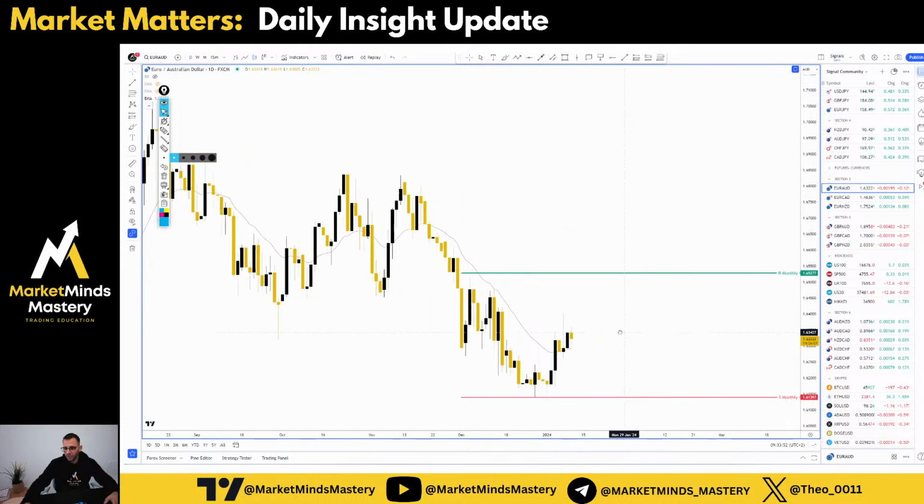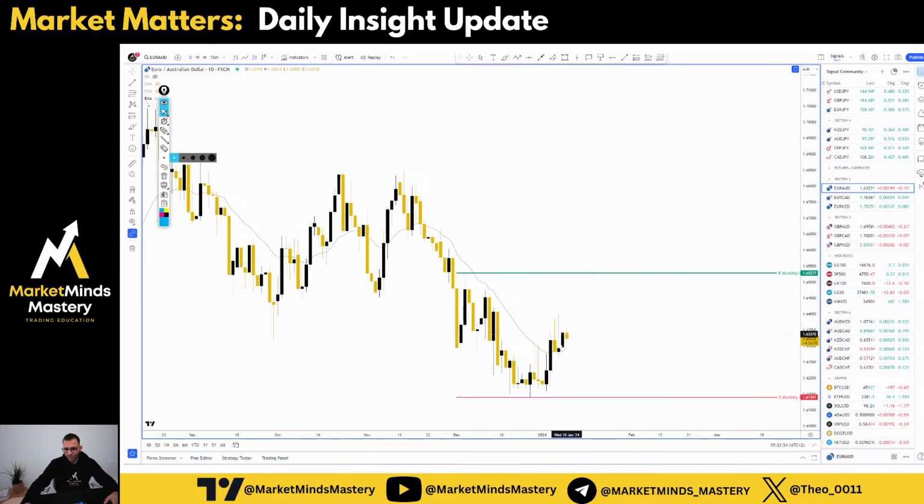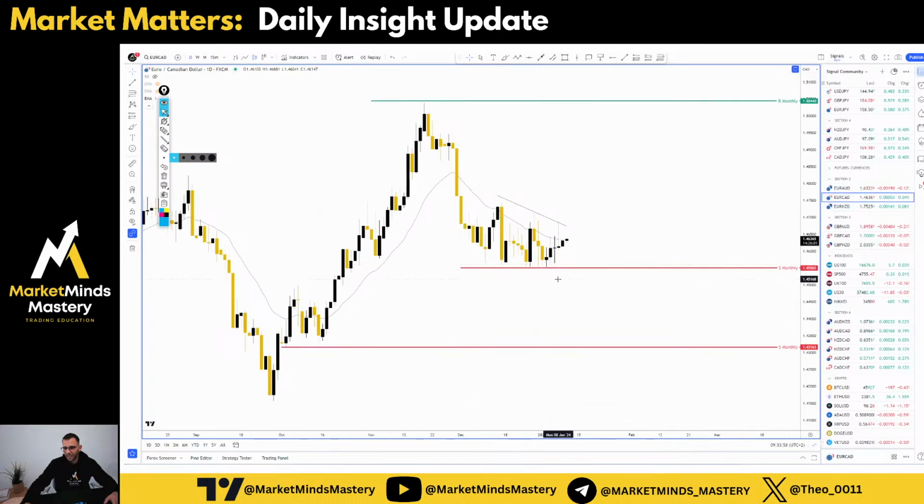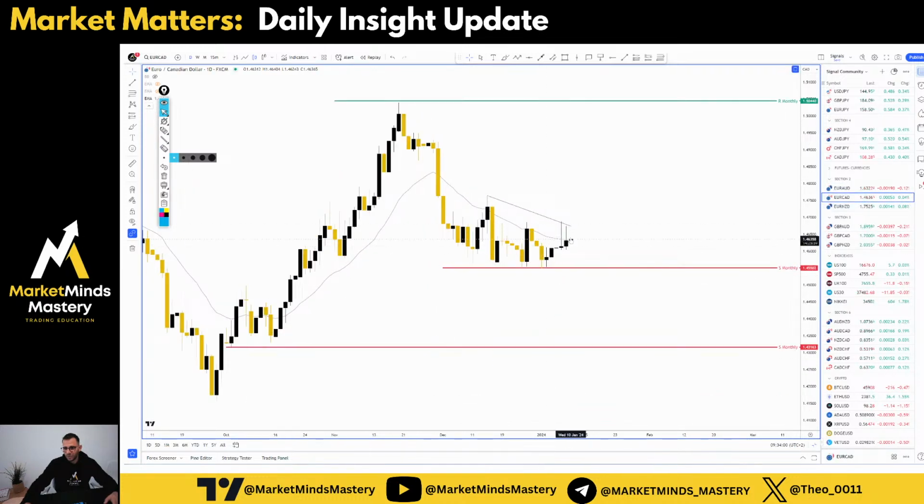Euro Australian dollar, it's very messy here. There is no direction. Euro Canadian dollar keeps false breaking this 20-period moving average. If this will end up as a round bottom and move upwards, I don't know.